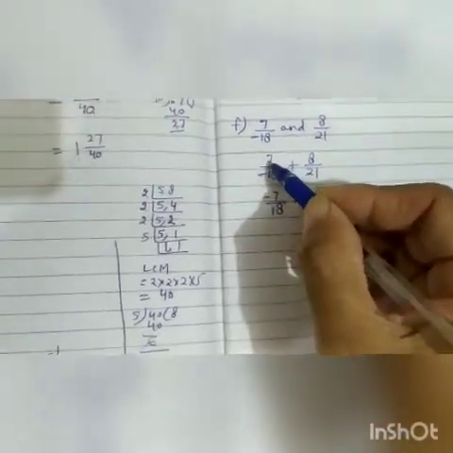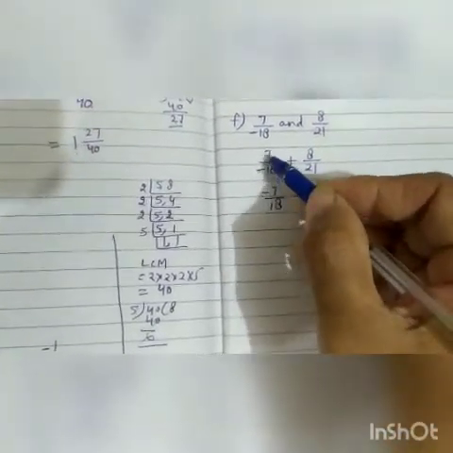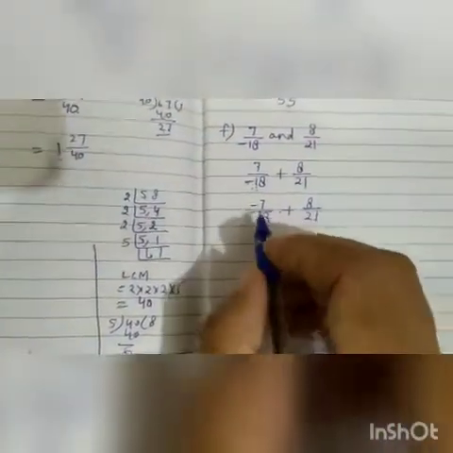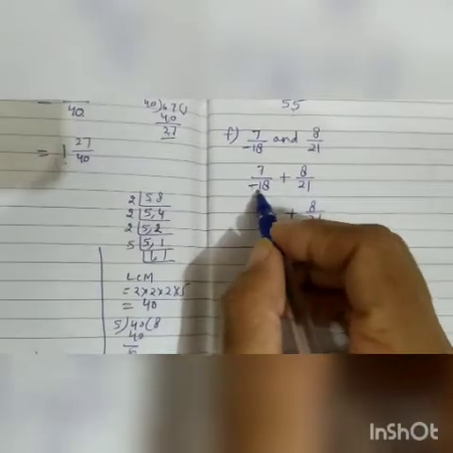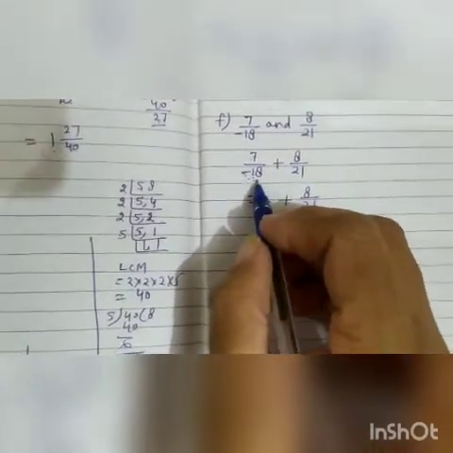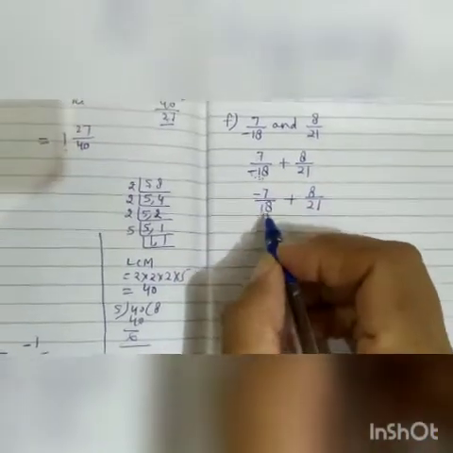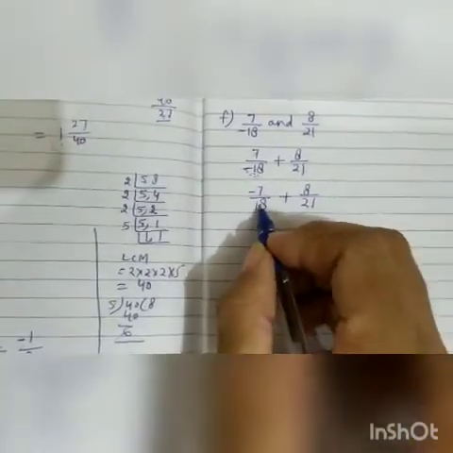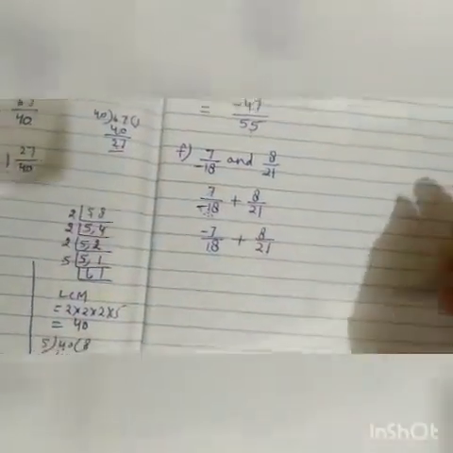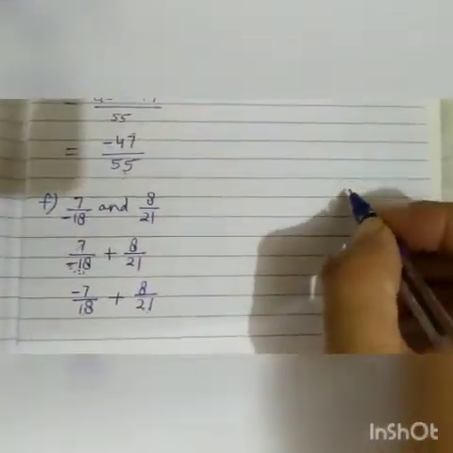If we write minus 7 upon 18 or we write 7 upon minus 18, both are same. Because, why we have shifted this minus sign from denominator to numerator? Because if minus sign is in the denominator, we cannot find the LCM. Here both the denominators are different. It means we need to find the LCM.